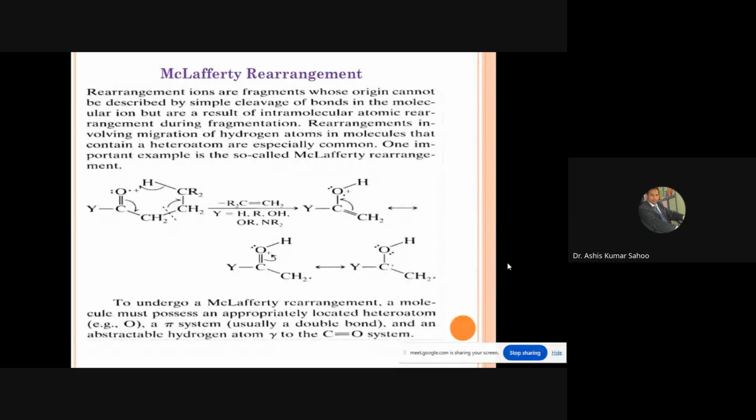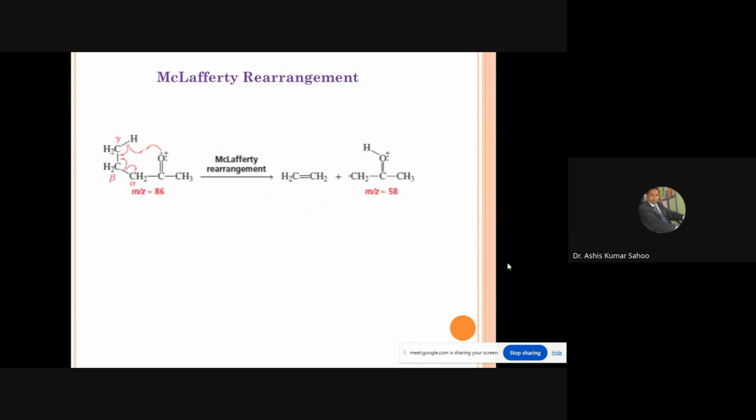To understand McLafferty rearrangement, a molecule must possess an appropriately located heteroatom. Okay? So this is due to McLafferty rearrangement.